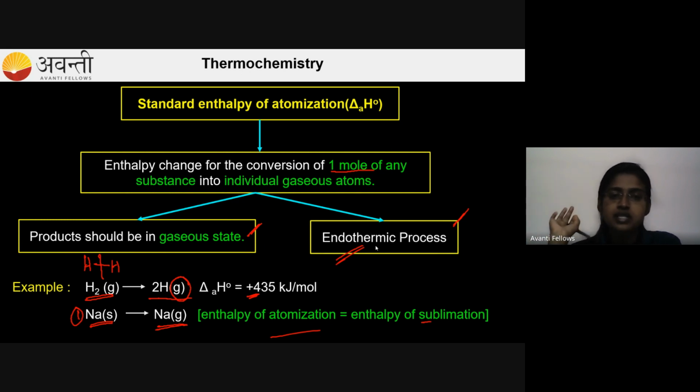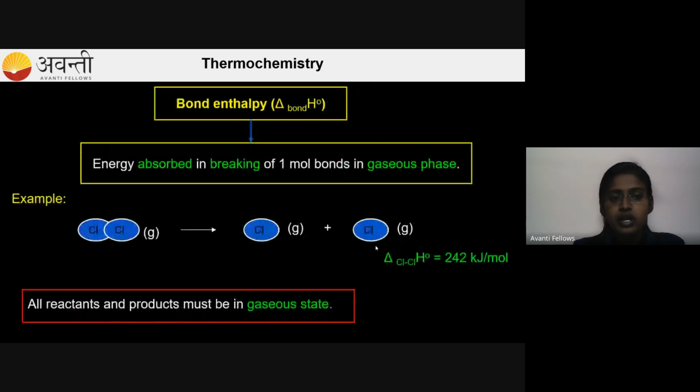Then coming to the next term, that is bond enthalpy. It is denoted by delta H bond naught, and it is the energy required to break the bond. Energy absorbed in breaking one mole of bonds in gaseous phase is called bond enthalpy.